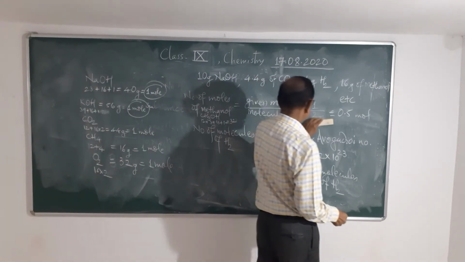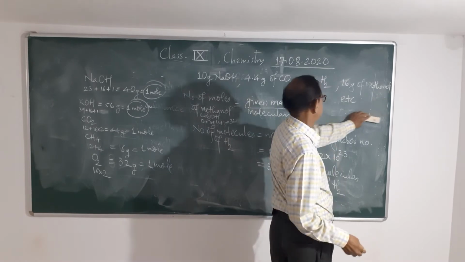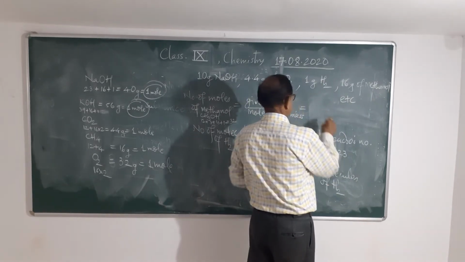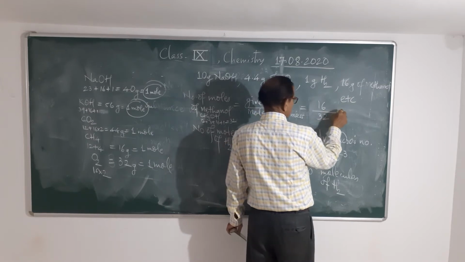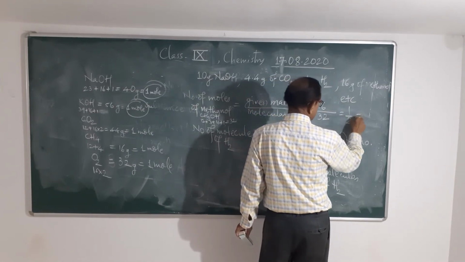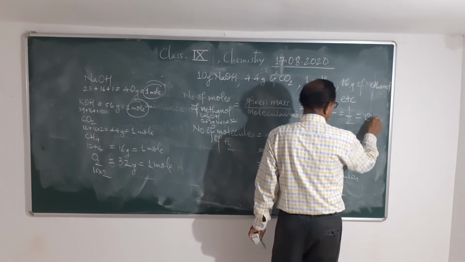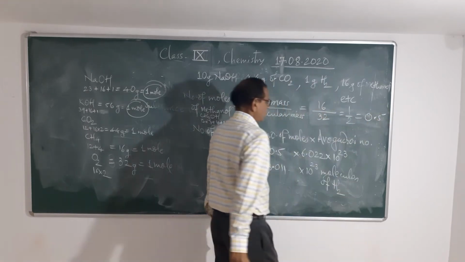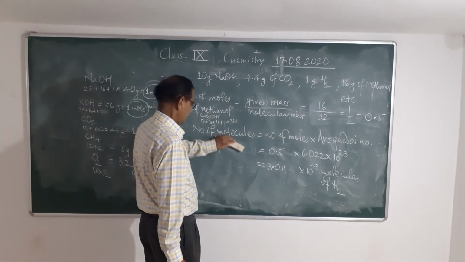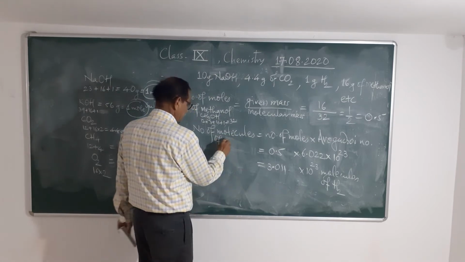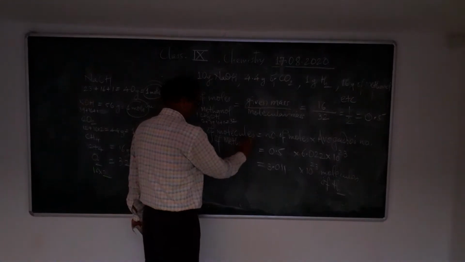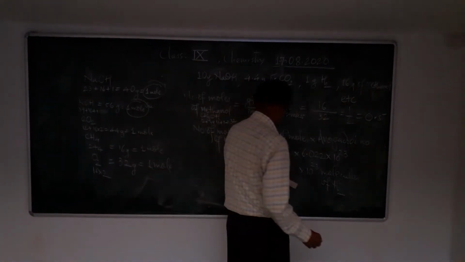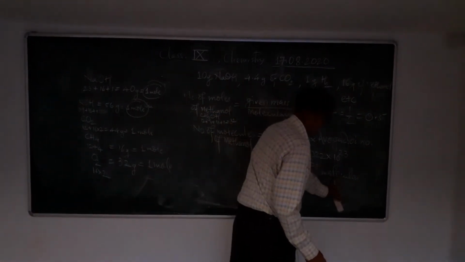So given mass 16 upon 32 is equal to 1 by 2, which is 0.5, and the number of moles of methanol is 0.5.